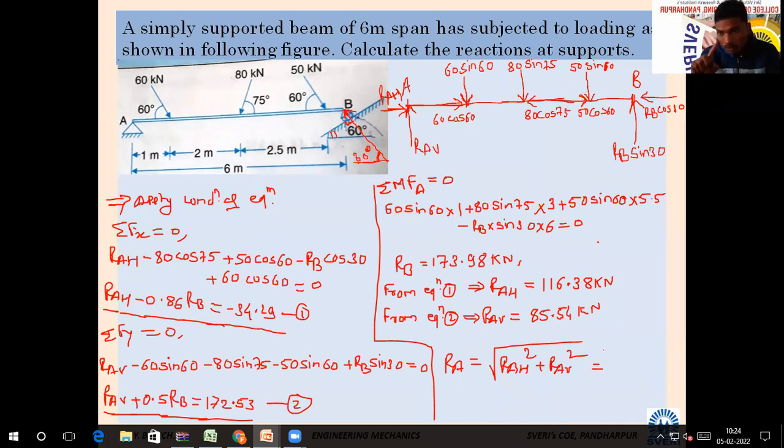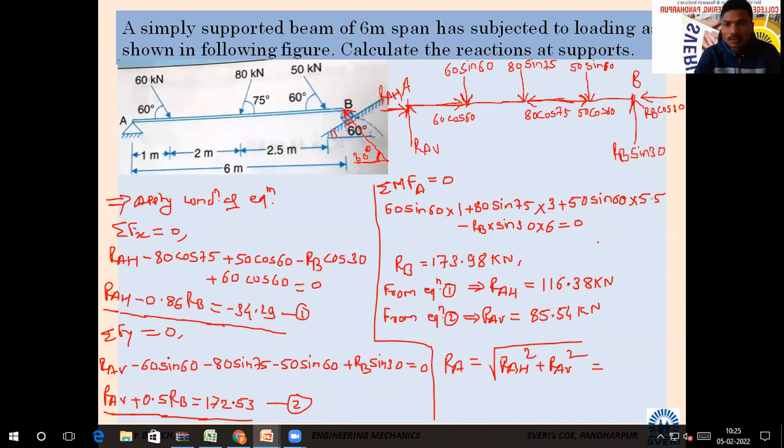Don't go directly for the root. First make the square of the first term, then add the square of the other term, and then take the root. Don't take the root directly. Square the first term, plus square the second term, and whatever answer comes, press square root on it.